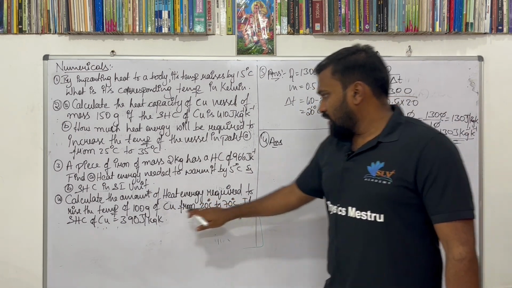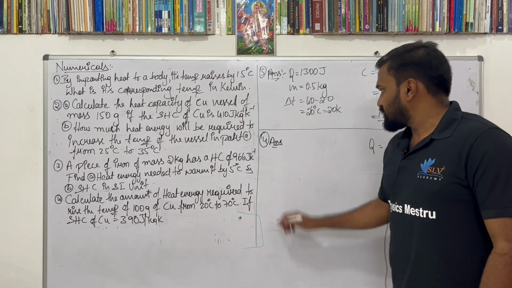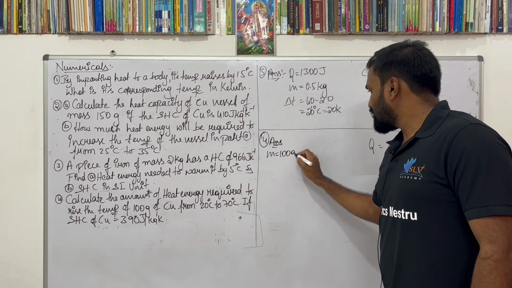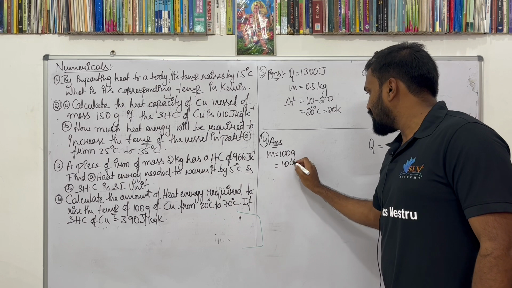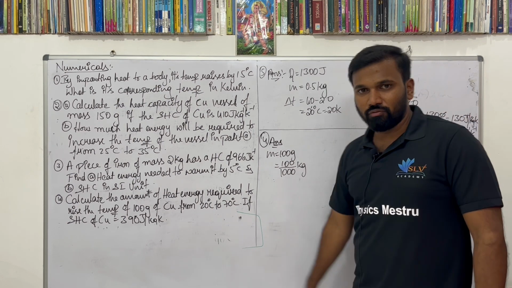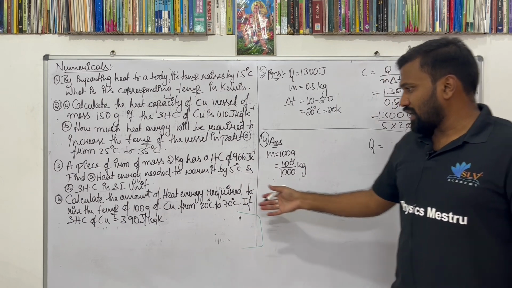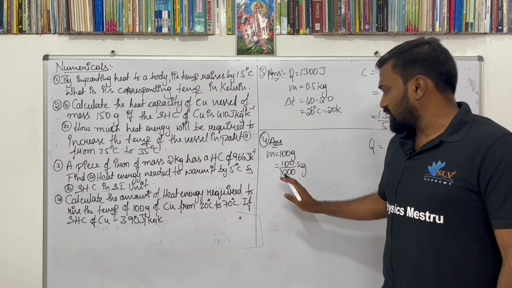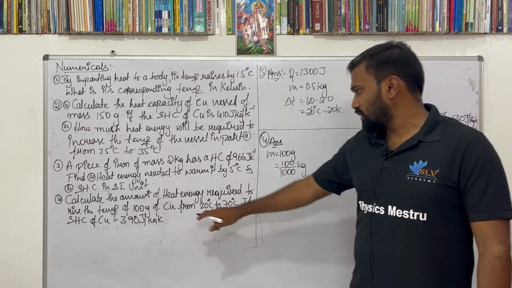They have given the mass required to raise the temperature of 100 grams. So mass is equal to 100 grams. We can write it as 100 divided by 1000 kg. Initially only let us convert, because the SI unit is always preferable. Hence let us convert this into kg here only.